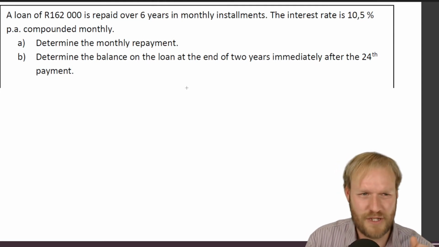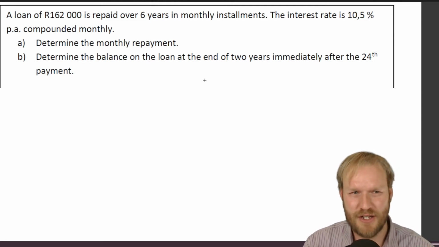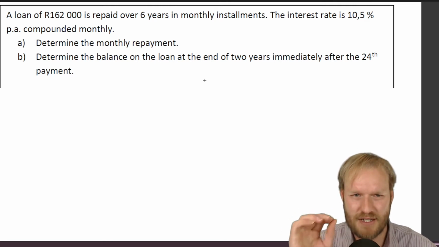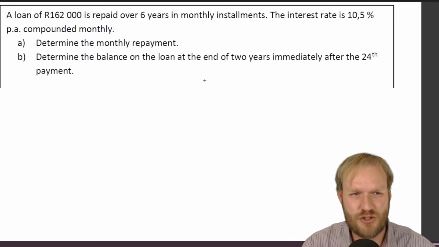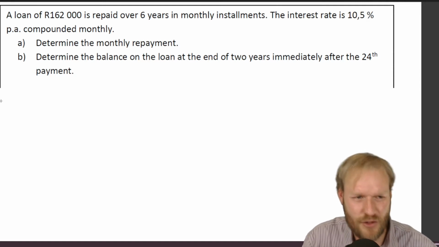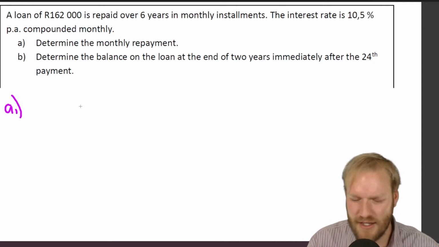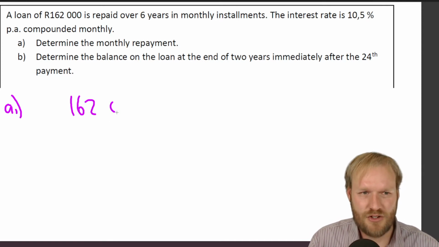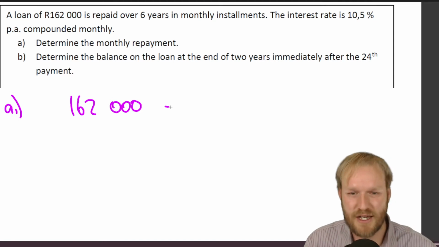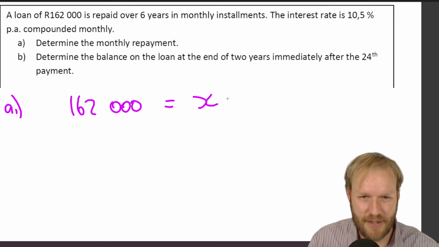We take out a loan of 162,000 Rand and repay it over 6 years in monthly installments. The interest rate is 10.5% per annum, compounded monthly. We've done a few examples like this, so I'm just going to get us there because you've been practicing these. 162,000 is the loan we're taking out, and we're going to pay monthly installments.